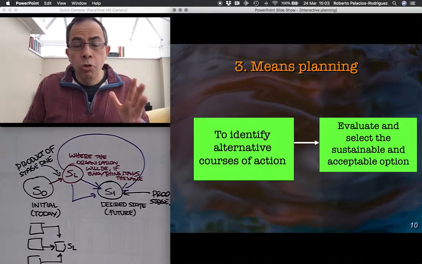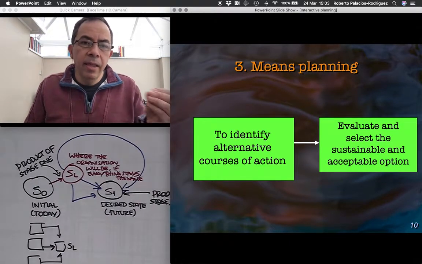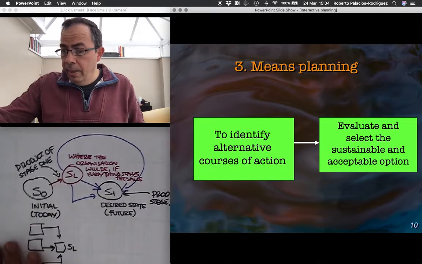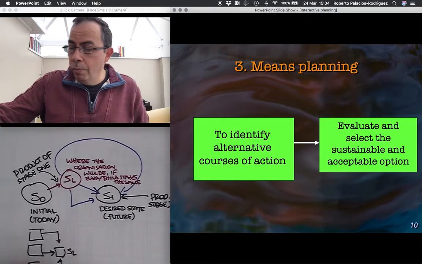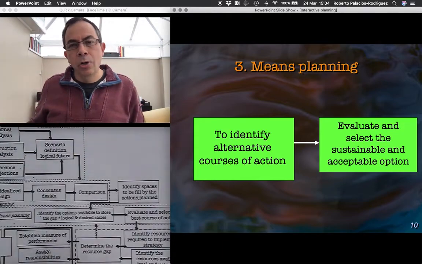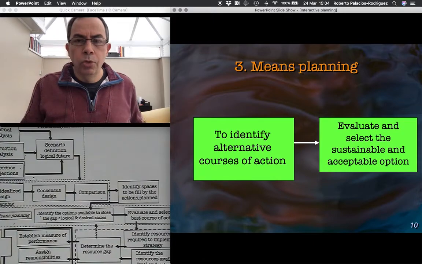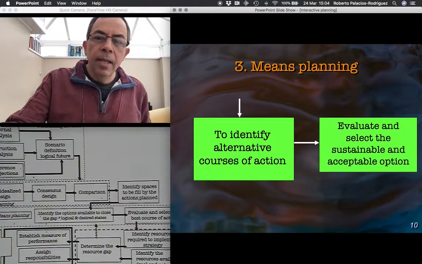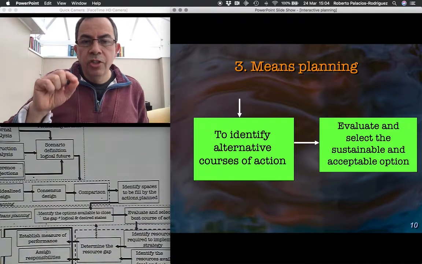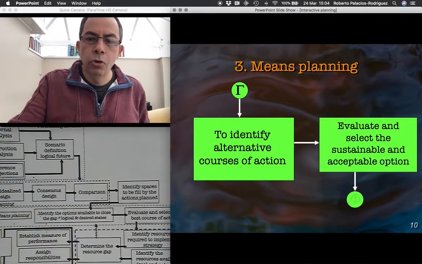It might consume too many resources, or it might be consuming resources that will not last. And the other element is the acceptable element. I already mentioned this idea about getting rich in order to be a philanthropist. Probably that's the dream. But of course, there are shortcuts that are not acceptable, or simply not feasible given the situation we are in. The means planning then identifies the alternatives, which are the different routes that you can follow, and chooses what you think is the most adequate one.